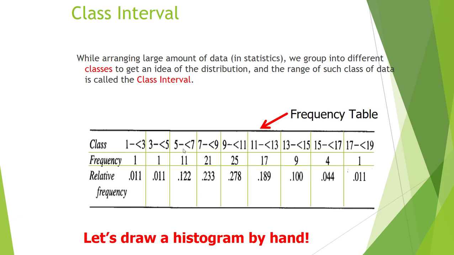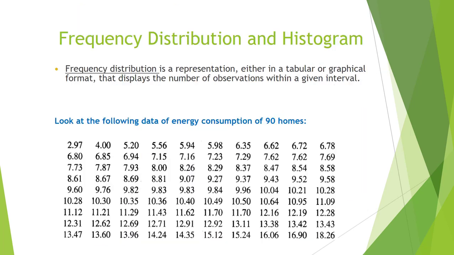For the third class, energy consumption between 5 and 7, if I go back to my table again, how many homes do I have here with energy consumption between 5 and 7? So 1, 2, 3, 4, 5, 6, 7, 8, 9, 10, and 11.